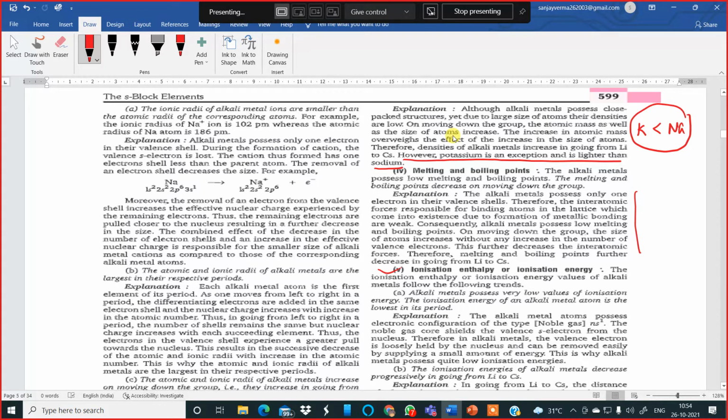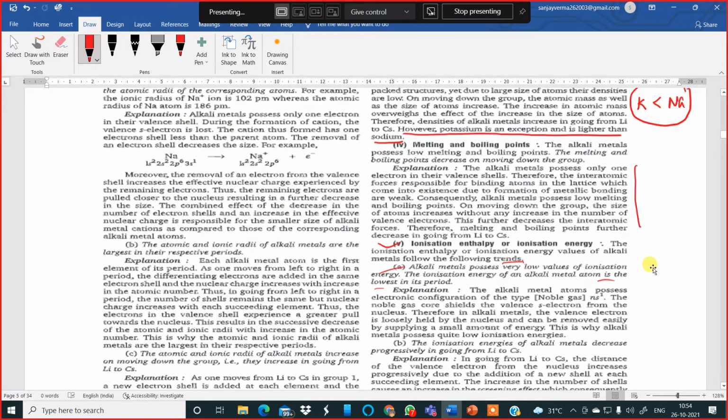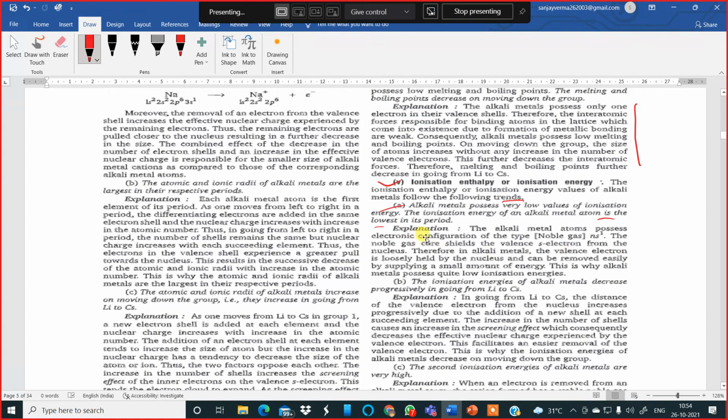ionization enthalpy or ionization energy. The ionization enthalpy or energy values of alkali metals follow the following trends. Alkali metals possess very low values of ionization energy. The ionization energy of an alkali metal is the lowest in its period. So alkali metals have low ionization potential, ionization enthalpy or ionization energy. The reason: the alkali metal atom possesses an electronic configuration of the type ns1.